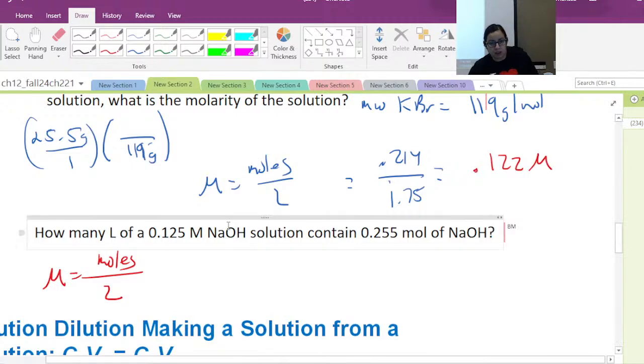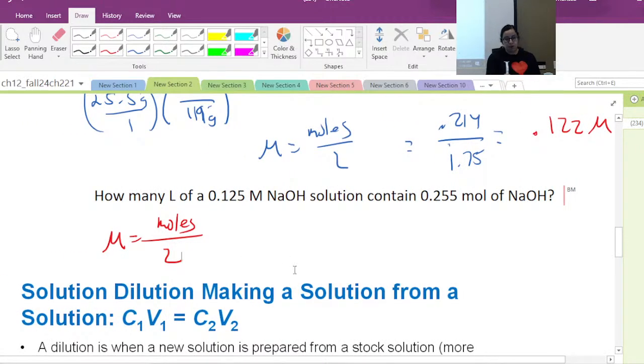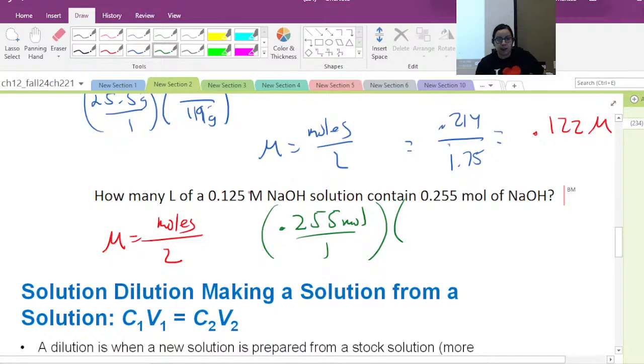So let's look at 2 different ways to solve it. We can look at our dimensional analysis and at our equation here. So we have 0.255 moles, and then we divide it by the molarity. Remember, molarity is moles over liters.